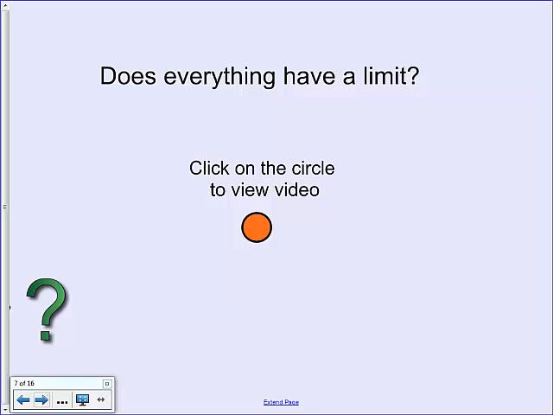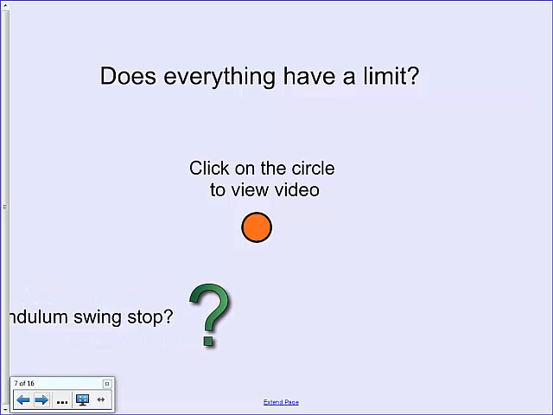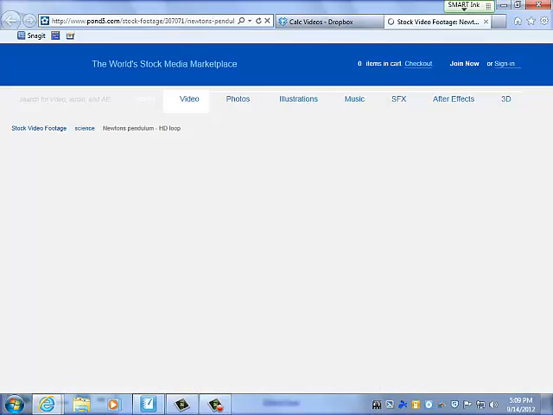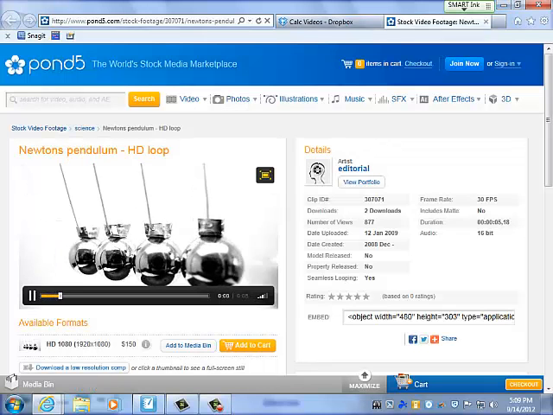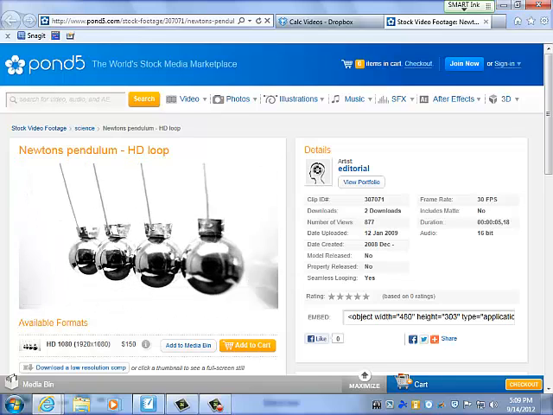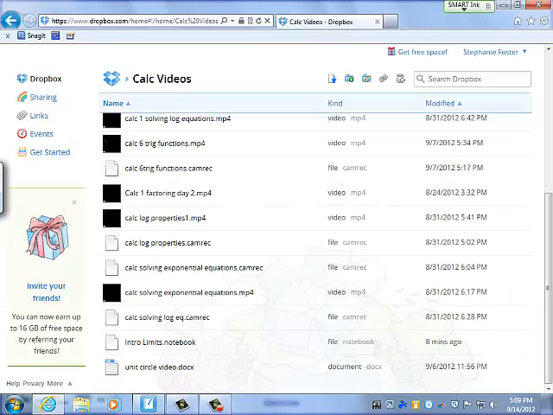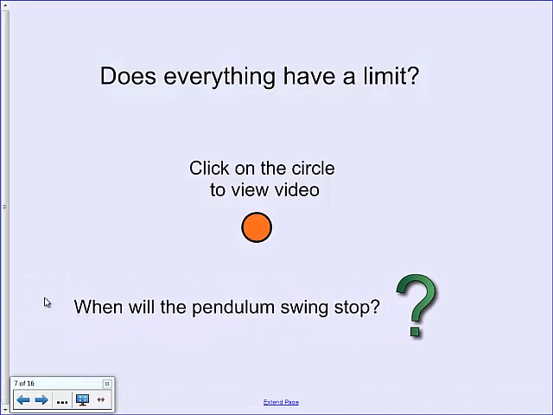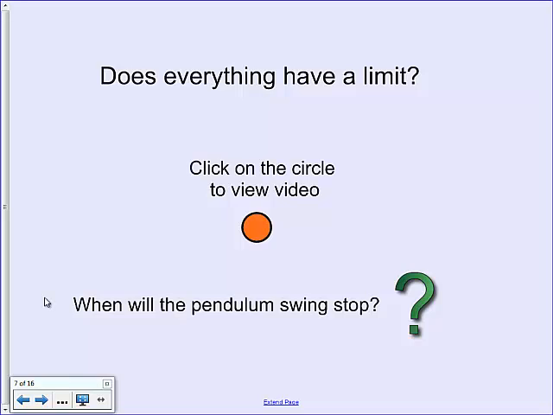Okay, does everything have a limit? Let's look at this. Okay, so when will the pendulum swing stop?